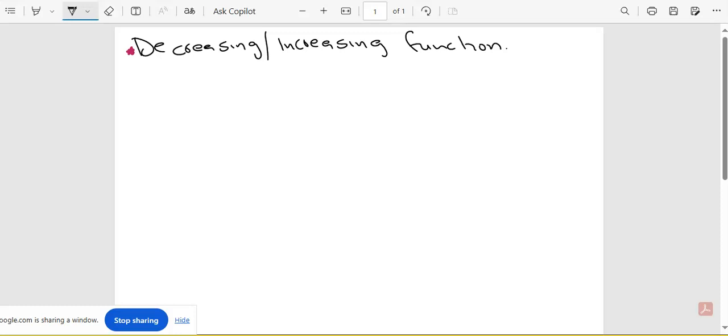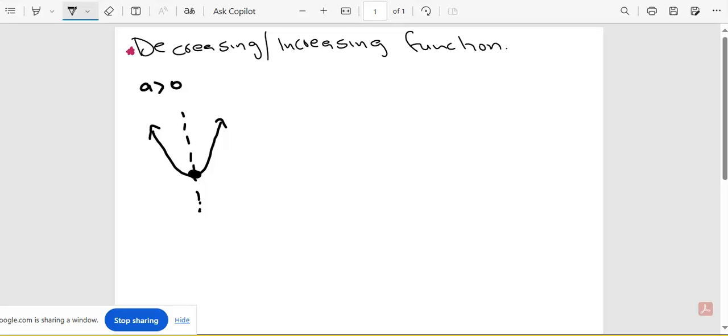If I have the value of A that is greater than 0, the graph will be concave up like this. Remember, we have a turning point here. The X, it's also the axis of symmetry, right? Yes, sir. Let's put that point there.